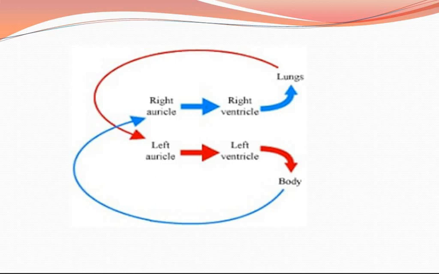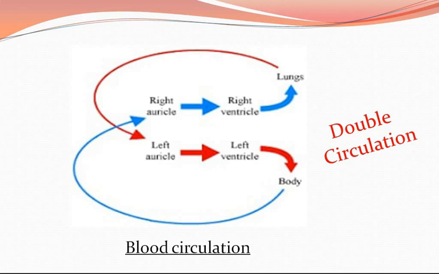Then from the lungs, this oxygenated blood enters the left side of the heart, the left auricle. Then from the left auricle, it goes into the left ventricle and then again this oxygenated blood is pumped through the whole body through the largest artery named aorta. As blood goes through the heart two times to complete one circulation, this is also called double circulation.